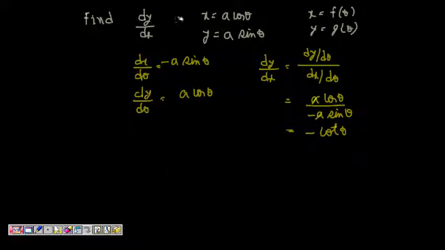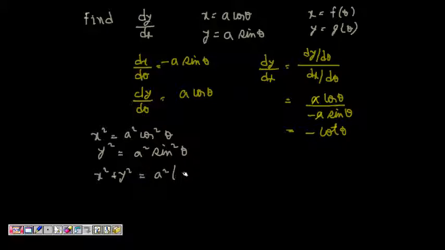If you look at this curve, it is a parametric equation. In terms of x and y, x square is a square cos square theta and y square is a square sin square theta. So x square plus y square is a square times cos square theta plus sin square theta, which is a square into 1.